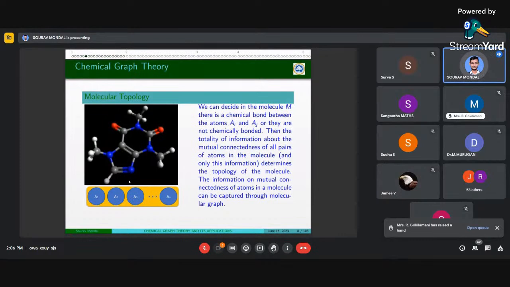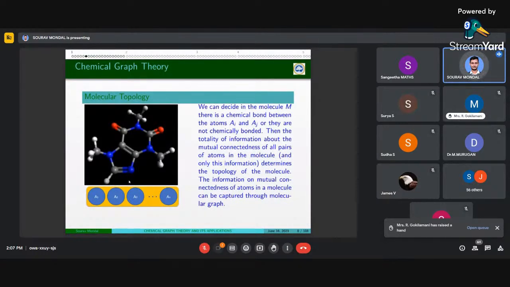The topology of a molecule is essentially a non-numerical mathematical object. On the other hand, various measurable properties of molecules such as boiling point, entropy, enthalpy, and acentric factor are usually expressed numerically.